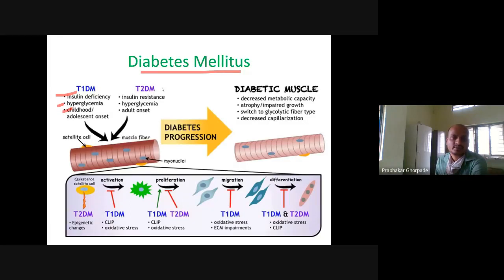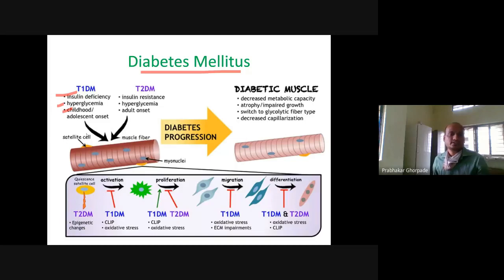If it is type 2 diabetes mellitus, it means insulin resistance and hyperglycemia can be there, or adult onset. You have one separate theory lecture for type 1 and type 2 diabetes, so we will be discussing it again, but you should correlate your theory with the practical aspect. That is why we are mentioning this.